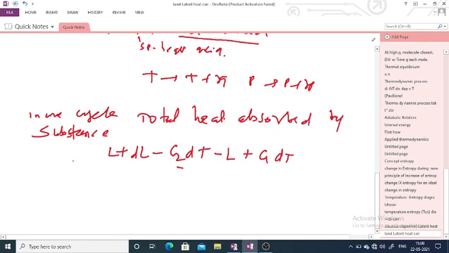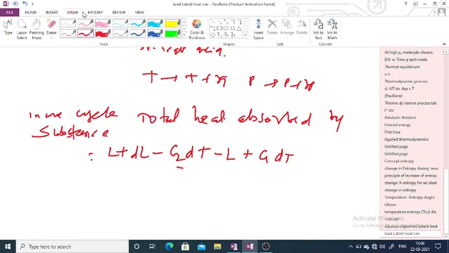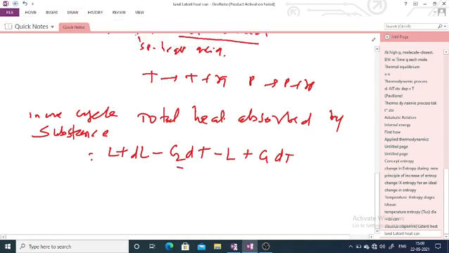If you rearrange the terms, L will cancel. So we get dL minus (C2 minus C1) into dT.